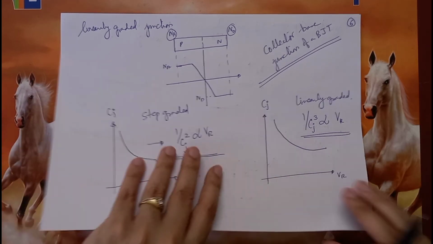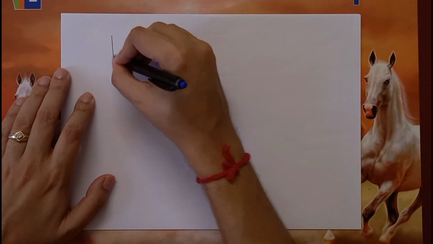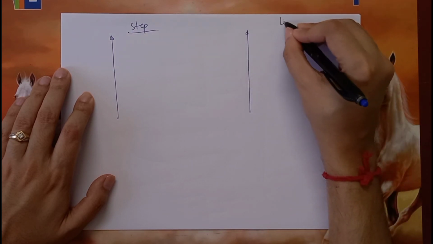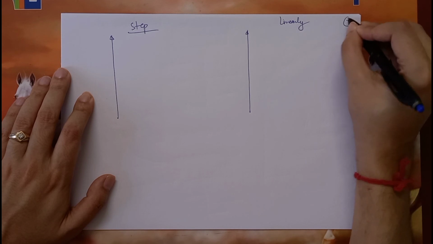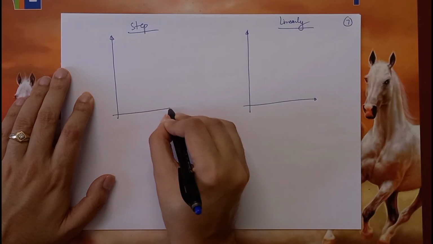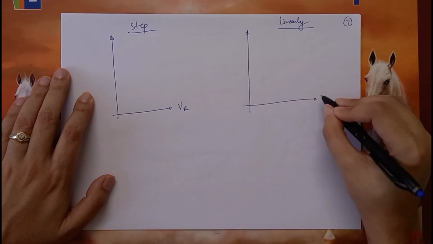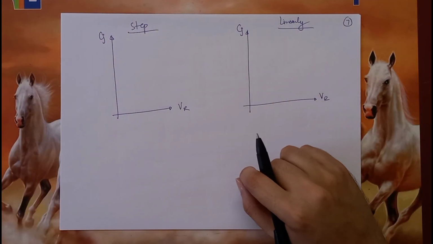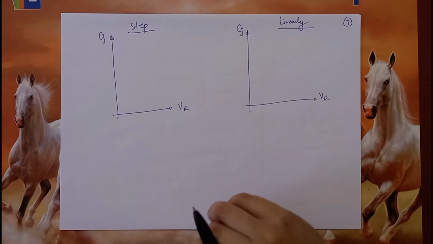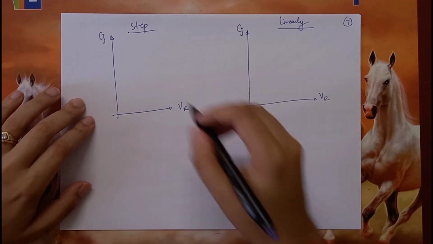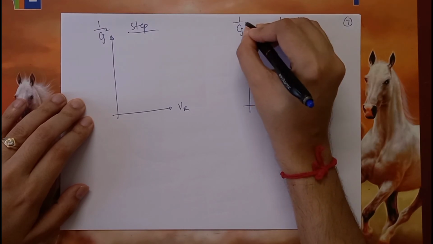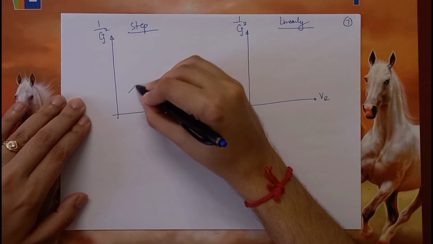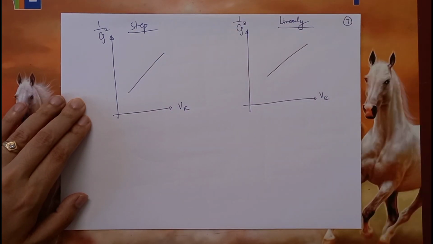So if I now take these junctions and plot 1 by Cj square and 1 by Cj cube, we will see that they will be something like this. They will be linear.